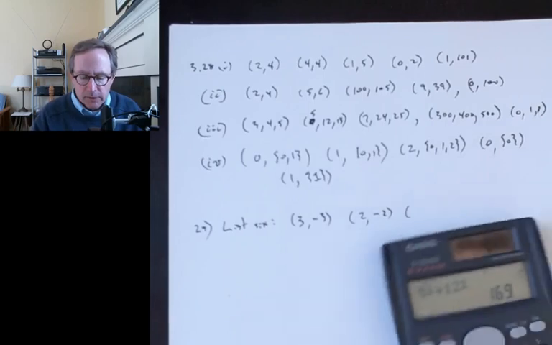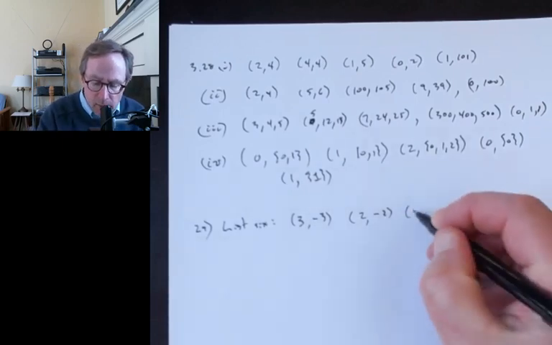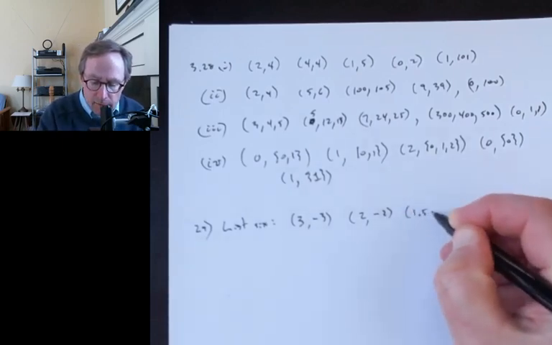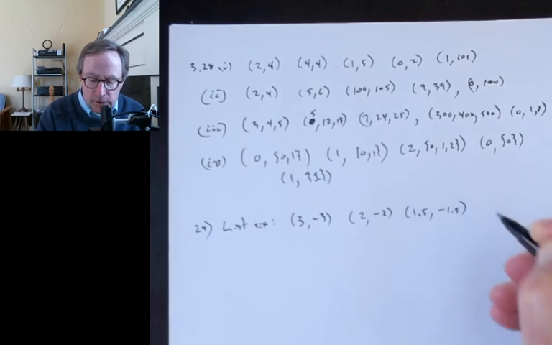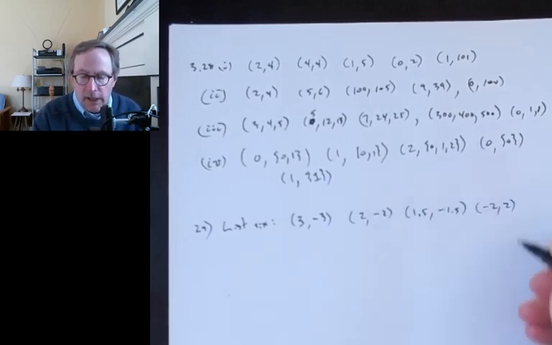I can't remember what the square of 1.5 is. 1.5 squared is 2.25. So the square of 1.5 and the square of minus 1.5 are the same because they're both 2.25. The square of minus 2 and 2 are the same. And the square of 1 and minus 1 are the same.